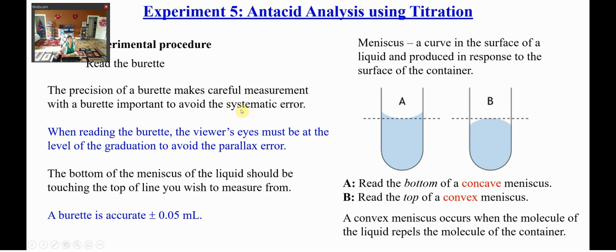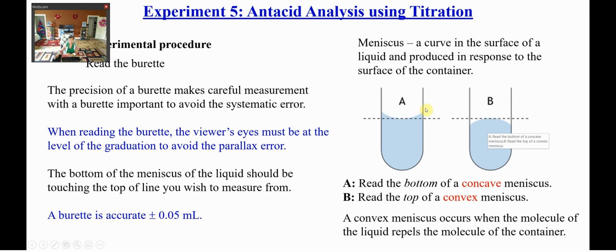Now, about reading the burette, you have 2 types of burette. Most 50 milliliter burettes have a plus or minus 0.05 milliliter error. You have 2 types of meniscus: one is called concave, another is called convex.